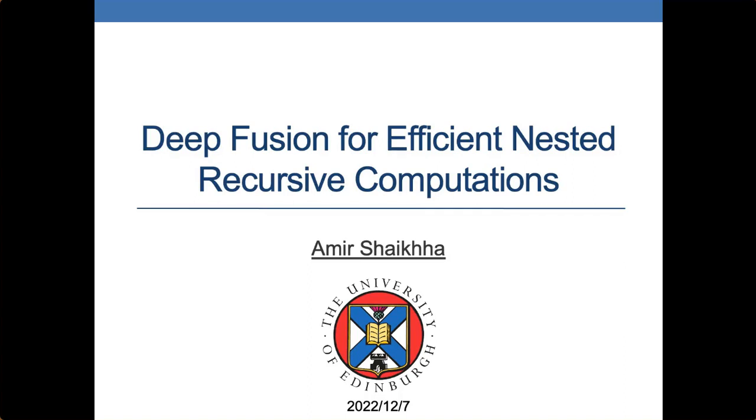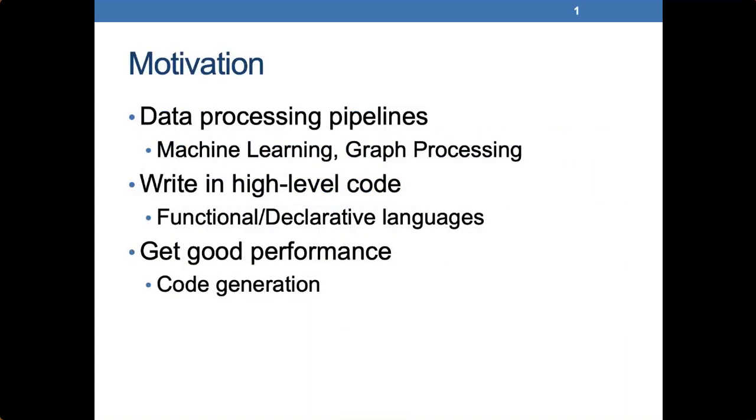Let's first start with the motivation. We want to write data processing pipelines such as the ones that are using machine learning, graph processing, and query processing, and we would like to write them in a high-level code. So for example, by using functional or declarative languages.